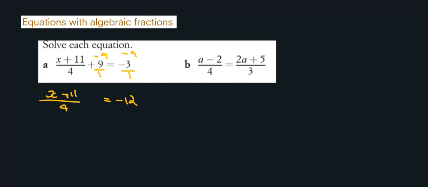Then we've got this nasty fraction here. Now the inverse of divide by 4 is multiply by 4. So if we multiply both sides by 4, we get negative 48. The 4's cancel. Then we get x plus 11. Inverse operations, subtract 11 from both sides. We arrive at negative 59.